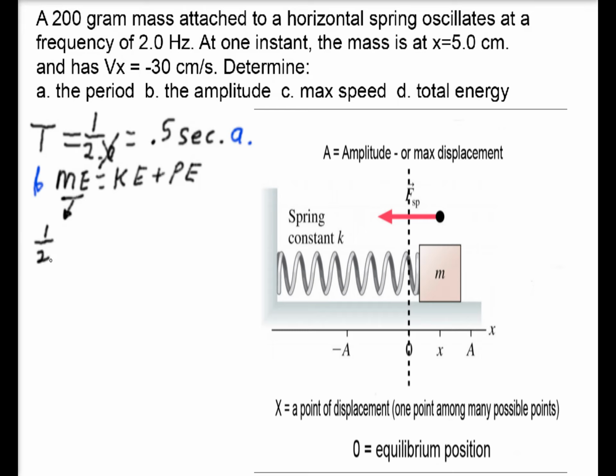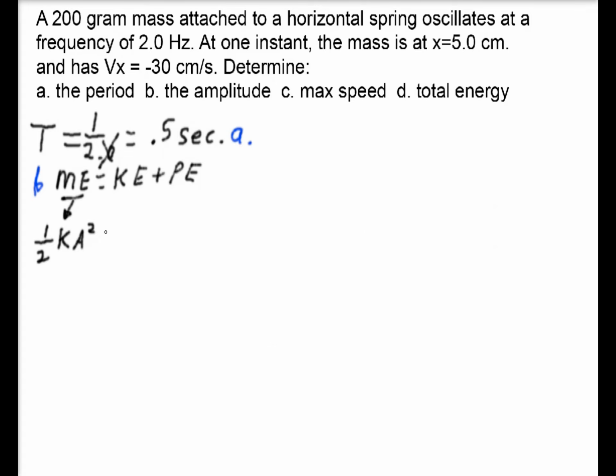This is 1/2 k, the spring constant, multiplied by the amplitude squared, equals the kinetic energy.